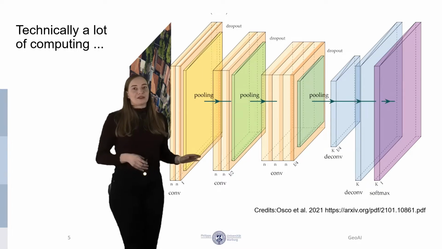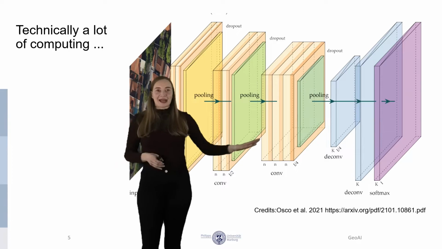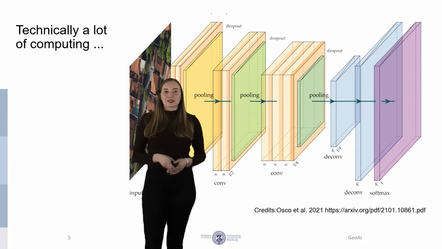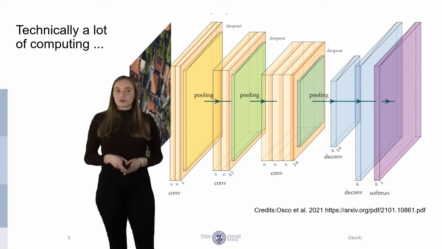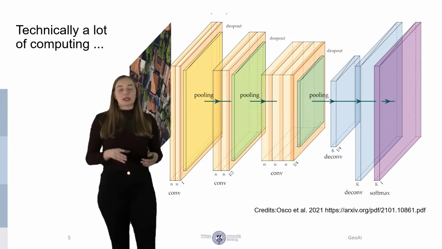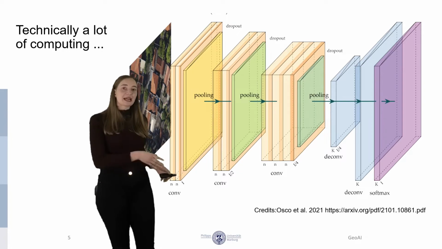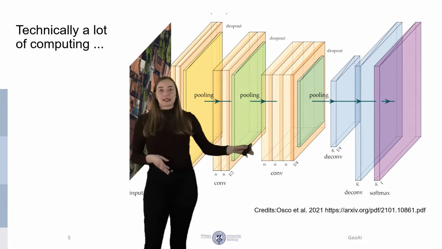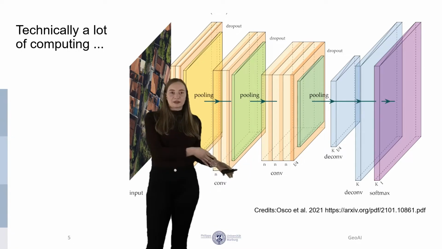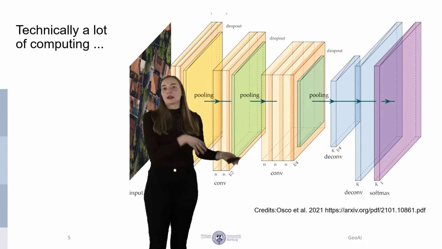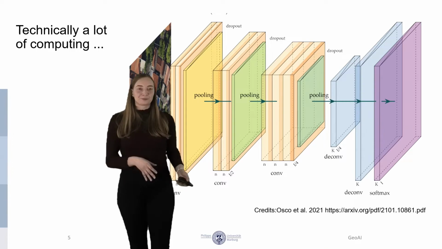After that we have to go a little bit back up again to get the spatiality of the data back with some transposed convolution. And when we have our image at the original size again, we have to do the classification. This is the part that says this object that has been detected is the cow or the elephant.